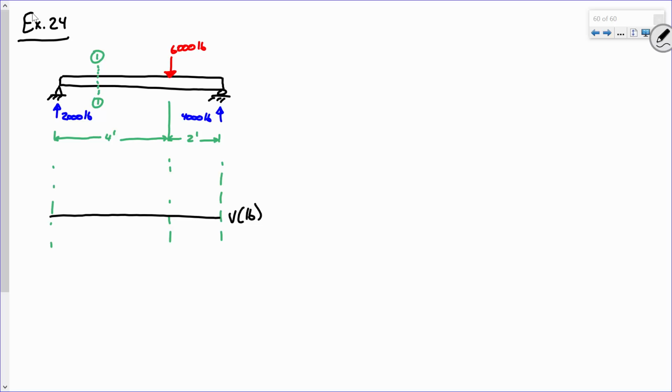So our shear diagram looks something about like this. So that's 2,000. That's minus 4,000. I did that a little quick, but I think after that last homework, you all are pretty well versed on that.